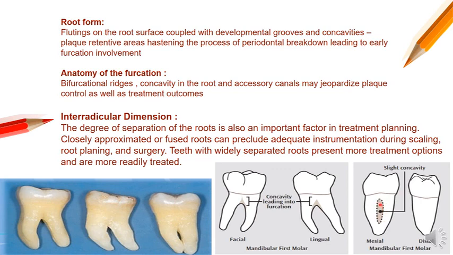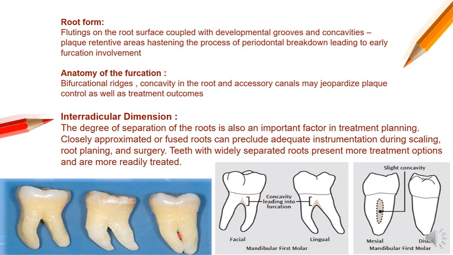Anatomy of the furcation. Bifurcational ridges like this, concavities in the root and accessory canals may jeopardize the plaque control as well as treatment outcomes. Another anatomical factor is the interradicular dimension, whether it's wide, narrow, or the roots may be fused.